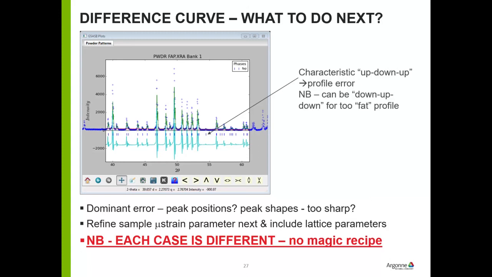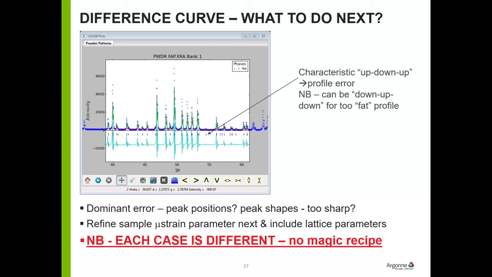Okay, so we looked at this particular difference curve, and the most characteristic thing about it is that it had this up, down business that looked like a second derivative because the calculated peaks were too sharp. In this particular case, it's because the microstrain was too small. So you refine the microstrain parameter, and it seems to be a little bit off because what you actually see is some linear combination of those three things I described.